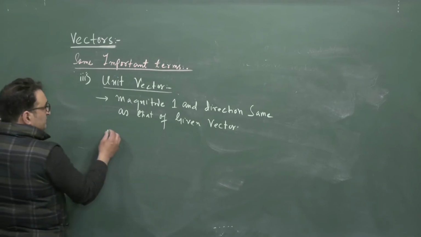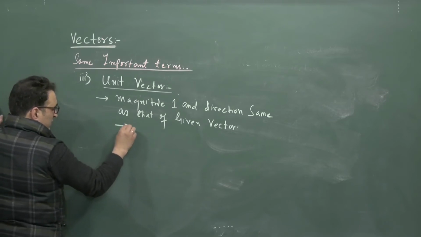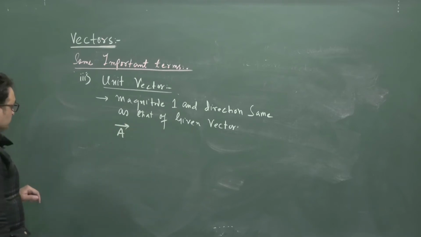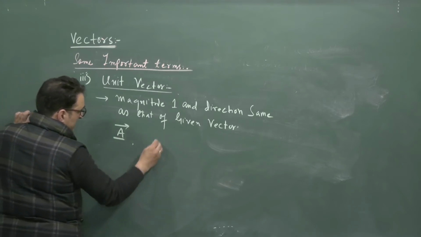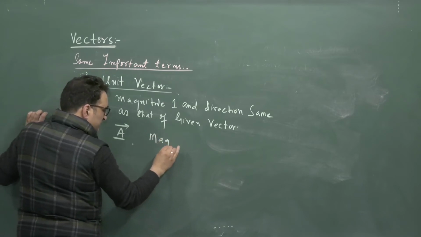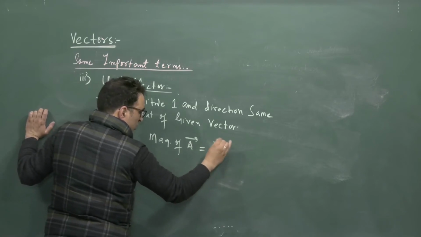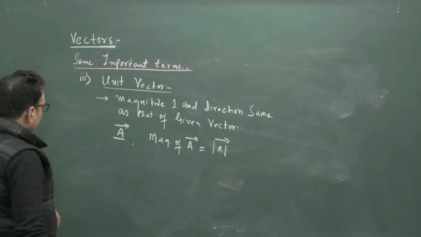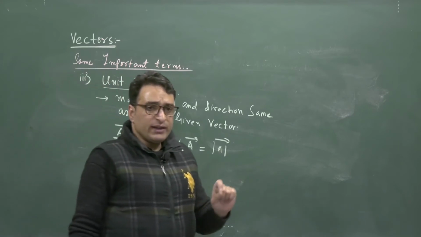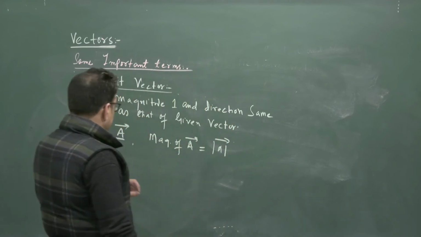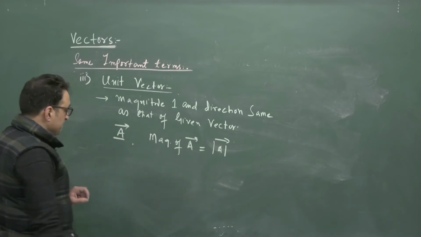Now, let me take an example of the vector A. This is vector A. If we need to write its magnitude, we write it as modulus of A. But a unit vector is associated with each and every vector and has the same direction as that of the given vector. Now the question is, how to represent this unit vector.